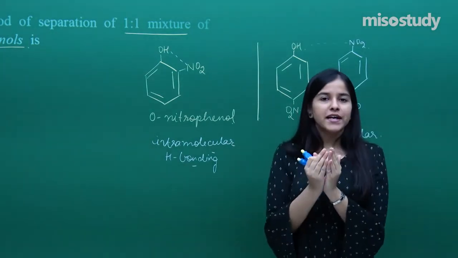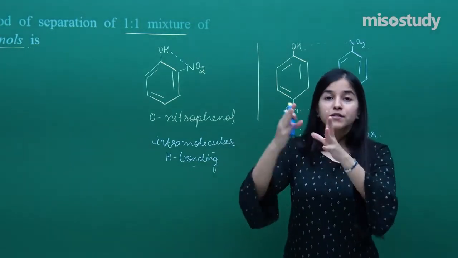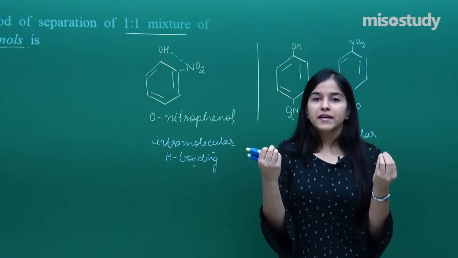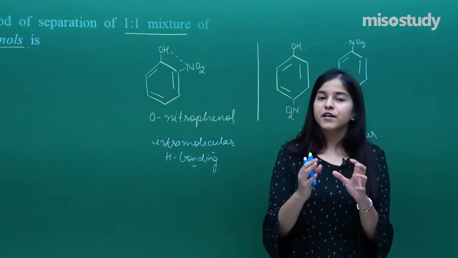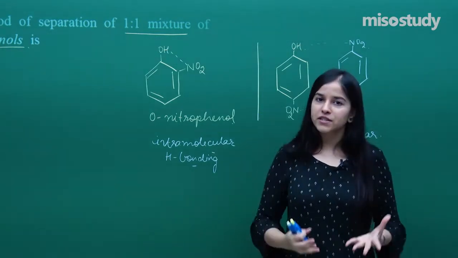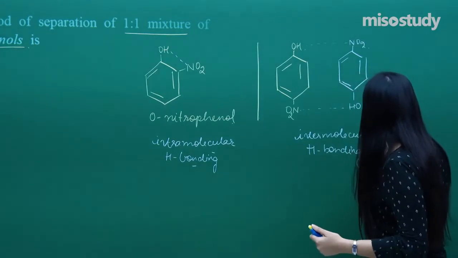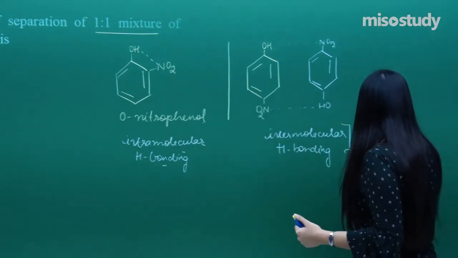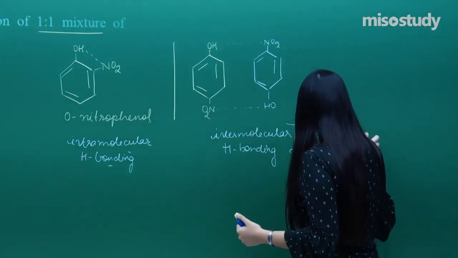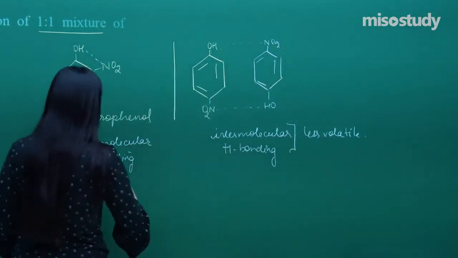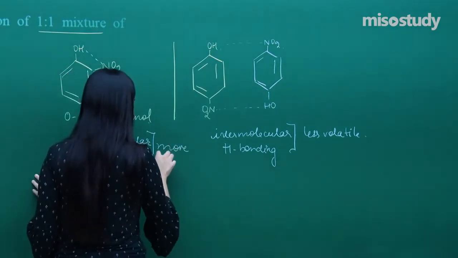Intermolecular H bonding will make bonds between the molecules, thereby making it less volatile. It will be very difficult for the molecules to escape into the vapor state, right? So here, due to this intermolecular H bonding, there will be less volatility, and over here it will be more volatile, right?